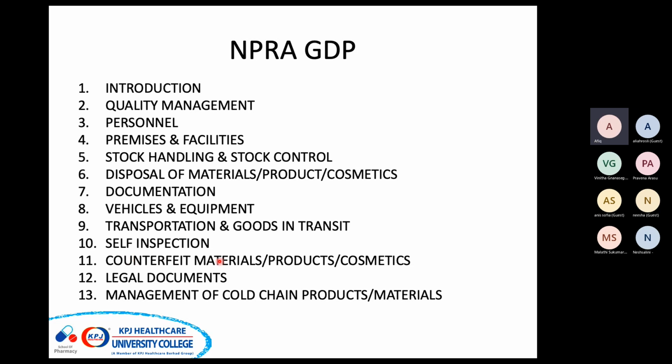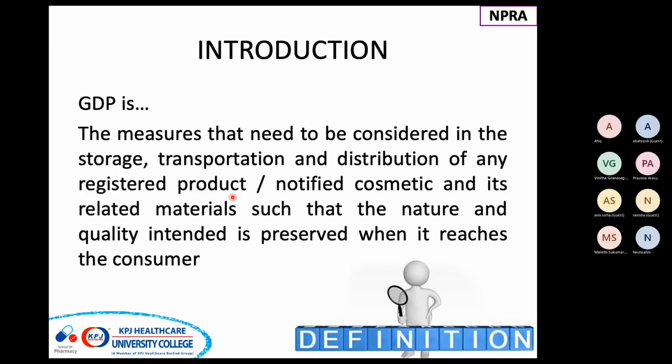And then you have counterfeit materials and products, and the last two would be legal documents, and then management of cold chain products. So according to NPRA, the details on GDP are quite more exact, okay, and more detailed. So you're going to go through each of these 13 parts.